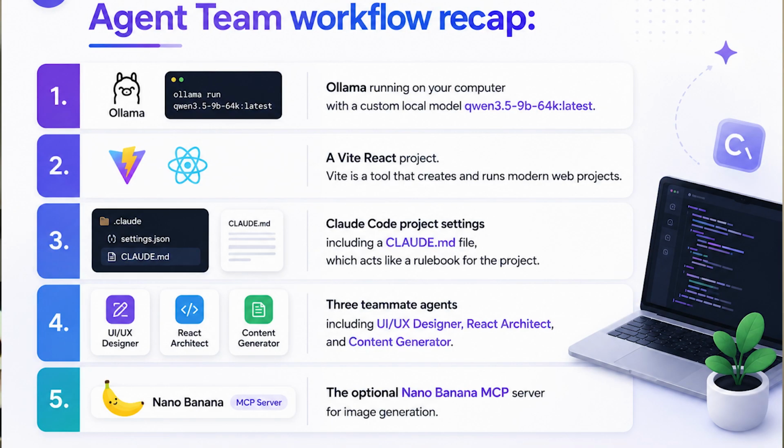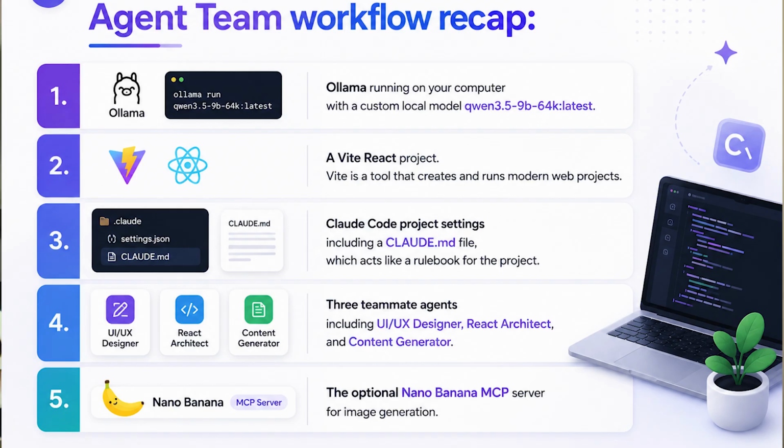Here is the quick recap from the first video. We already created a local Claude Code agent team workflow with, first, Ollama running on your computer with a custom local model, Qwen 3.5 9B 64K. Second, a Vite React project. Vite is a tool that creates and runs modern web projects. Third, Claude Code project settings, including a CLAUDE.md file, which acts like a rulebook for the project.